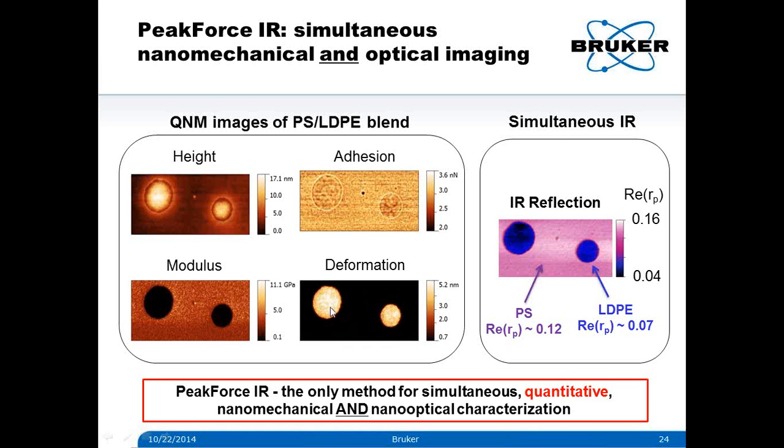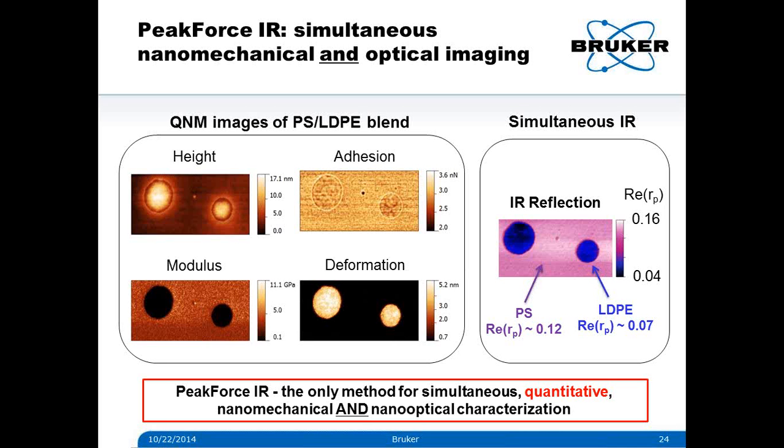Like this low-density polyethylene can be compressed or deformed much more than the matrix. So you have a way of identifying the systems, but sometimes you have more than just two systems, or you have systems that show the same nanomechanical properties, and then it's good to have another channel, another way of actually distinguishing or characterizing your material.